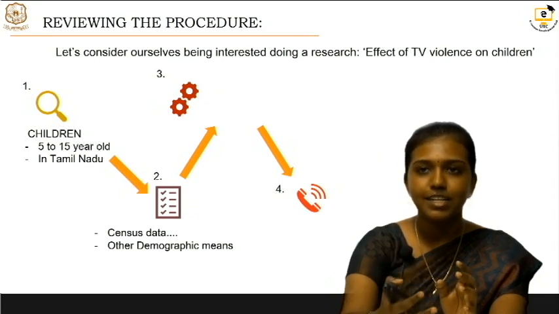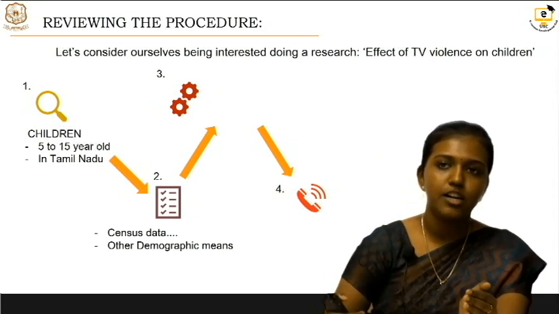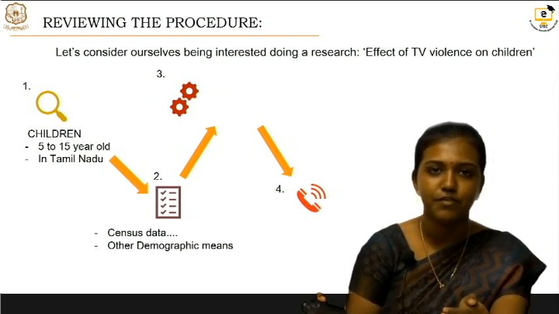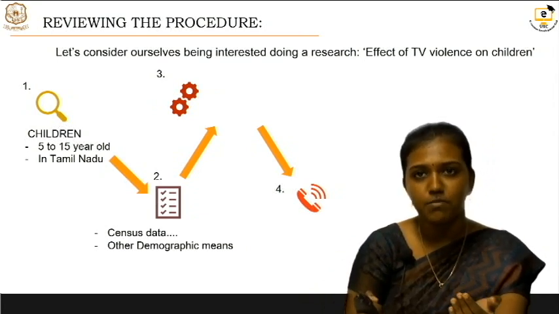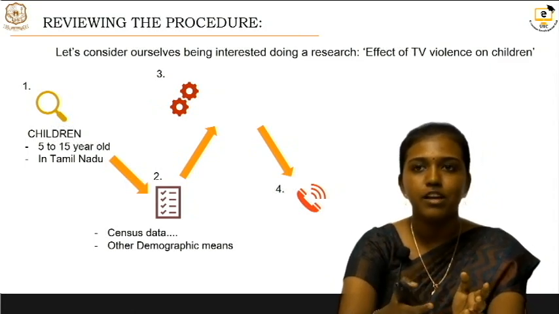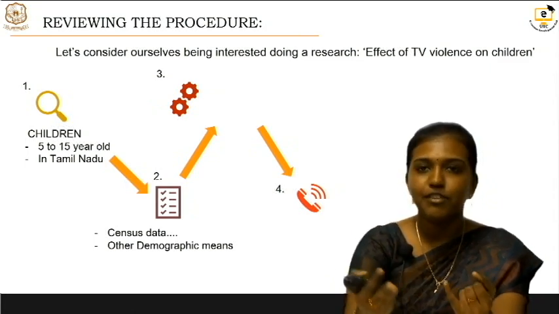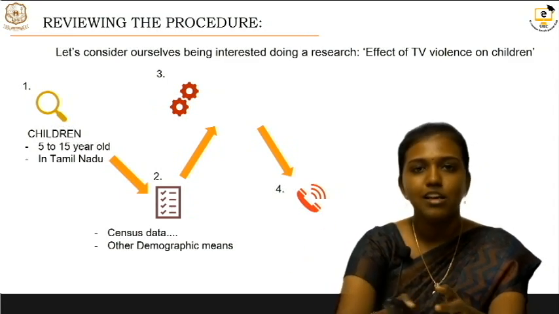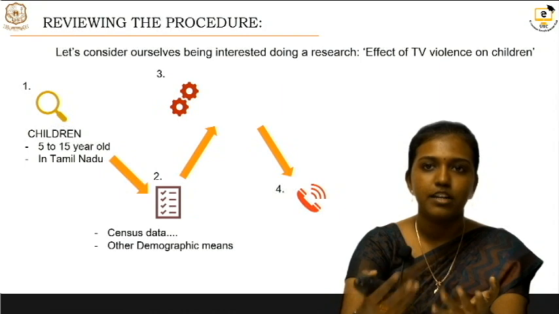In order to attain a complete list of children ranging from 5 to 15, I need to have all of their names. How am I going to get it? You can look into census data, where you can have demographic details of your sample, you can see how many children are there, and you can also see the birth rate and death rate or whatever.